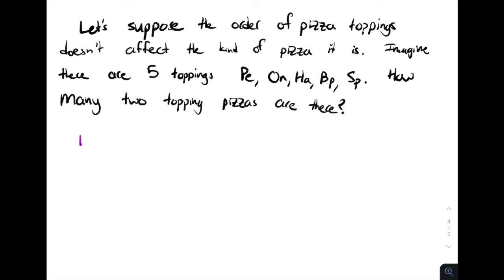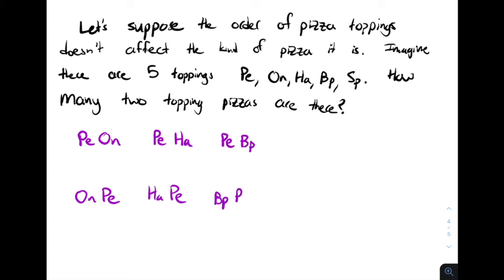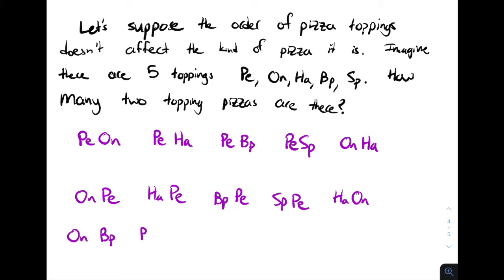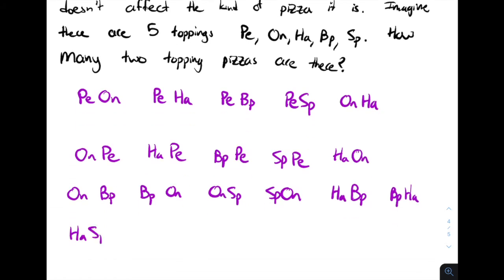Well, if order did matter, we would have a pepperoni and onion pizza, or an onion and pepperoni pizza, a pepperoni and hamburg pizza, or a hamburg and pepperoni pizza, and so on through banana peppers and spinach, listing every ordered pair.